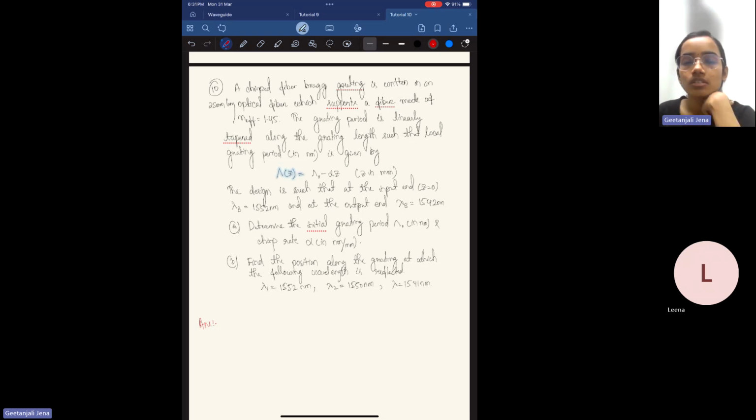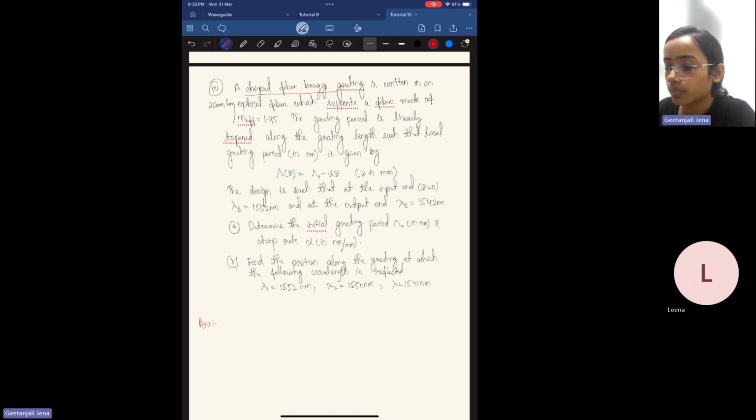Based on the sign of the dispersion, different wavelengths will travel at different speeds. To compensate the speed, we need this chirped fiber Bragg grating. Now we'll see how it can compensate that. This question is based on application.